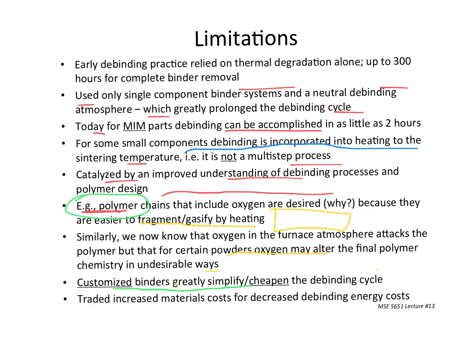Here, however, they have polymers designed specifically for this, and they are binders about which we know very little. The reason is that companies spend a lot of money developing them, and they turn around and sell them to companies for a lot of money, because in the end, you have increased materials costs, but you decrease the energy costs downstream.